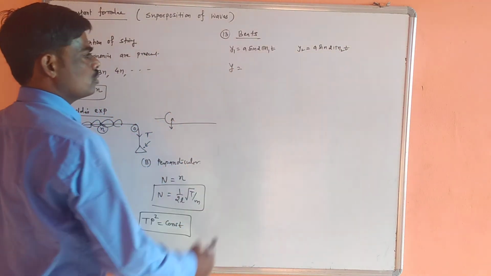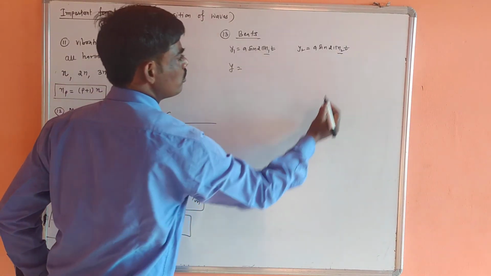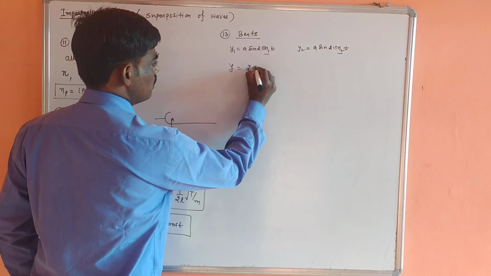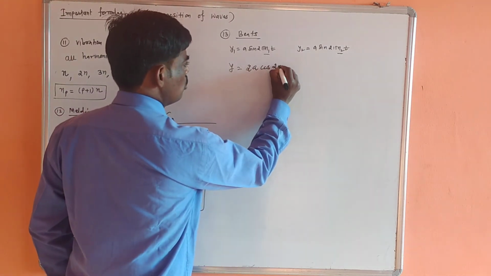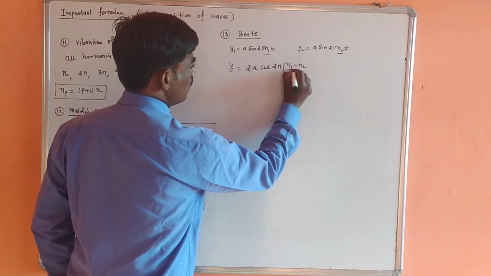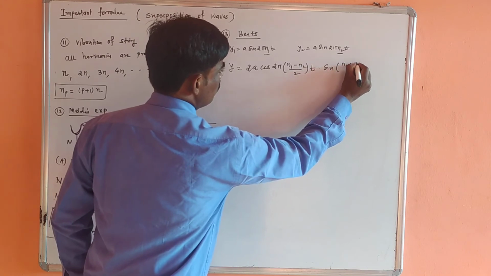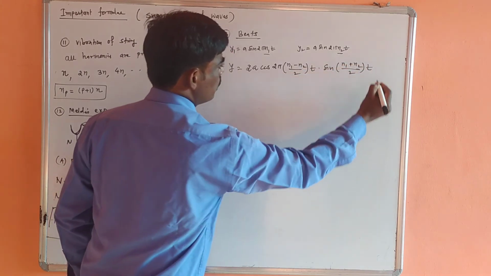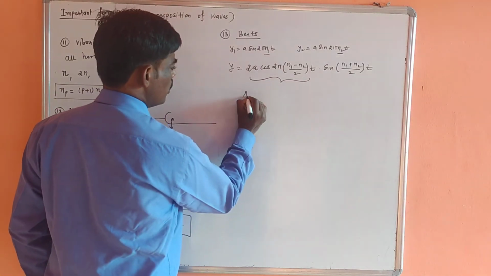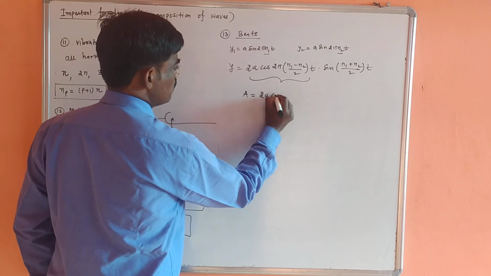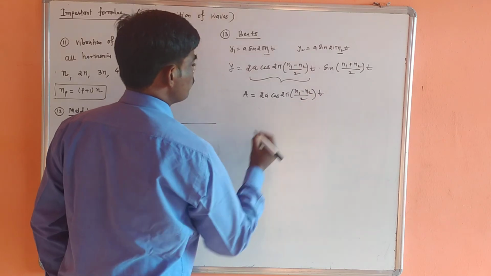On superposition of these two waves, which slightly differ in frequency n1, n2, we get the resultant equation twice a cos 2 pi in bracket (n1 minus n2) upon 2 into t, into sin of (n1 plus n2) by 2 into t. So this is the resultant amplitude A, twice a cos 2 pi (n1 minus n2) upon 2 into t.